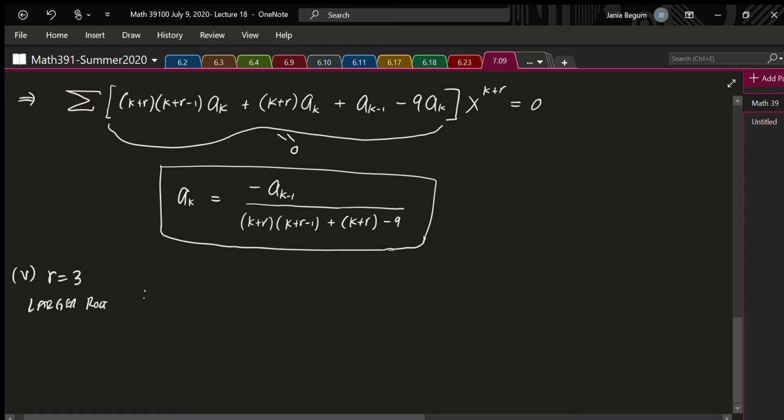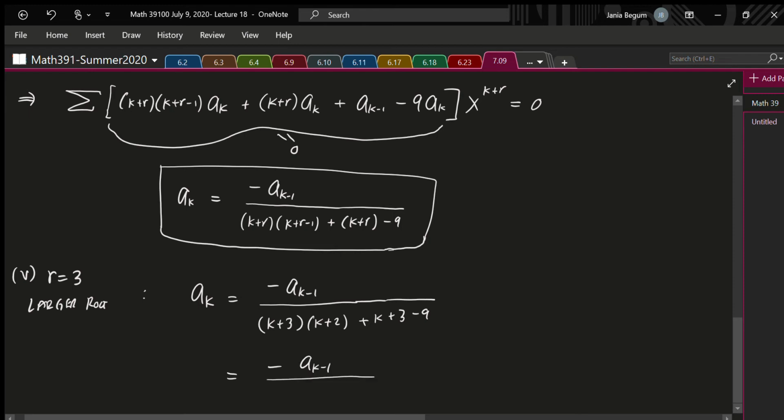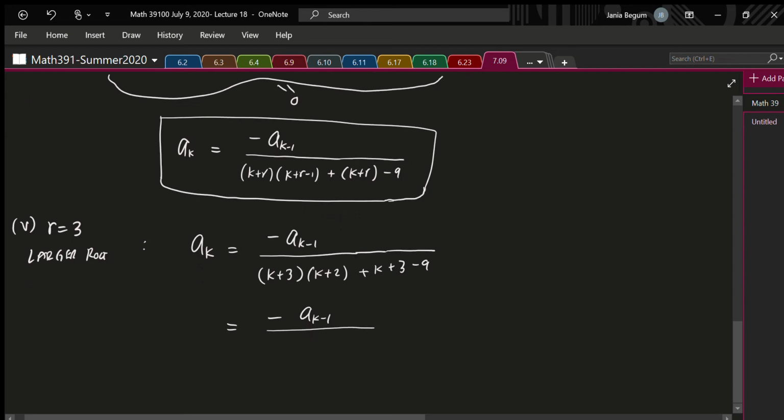So our recurrence will become a sub k is equal to negative a sub k minus 1 over, plugging in r equals 3, we have k plus 3 times k plus 3 minus 1, that's k plus 2, plus k plus 3 minus 9. And then this would simplify, so this is nice. So we have negative a sub k minus 1 over, let's see, what will this simplify to?